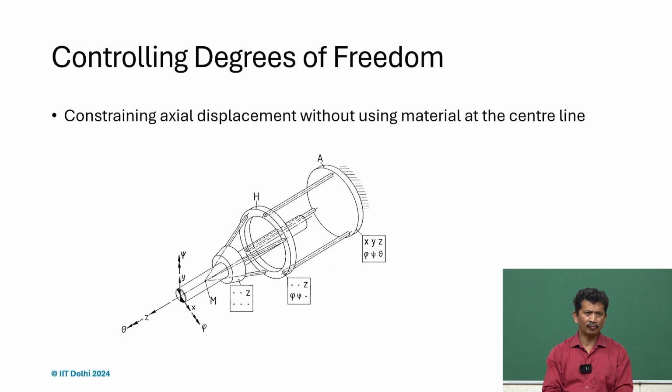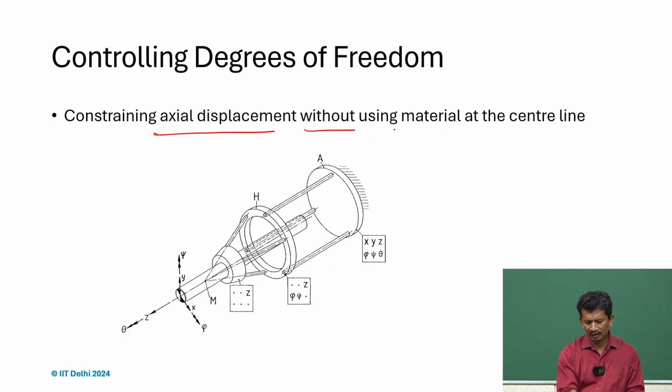So, if we want to build any kind of design or mechanism with certain degrees of freedom, we can use the constraint concept. But we also realize that if we are aware of these solutions and how to apply constraints to get rid of certain degrees of freedom, we can also address problems where, because of boundary conditions and other space requirements, we face many challenges. For instance, look at this example: constraining axial displacement without using material at the center line.